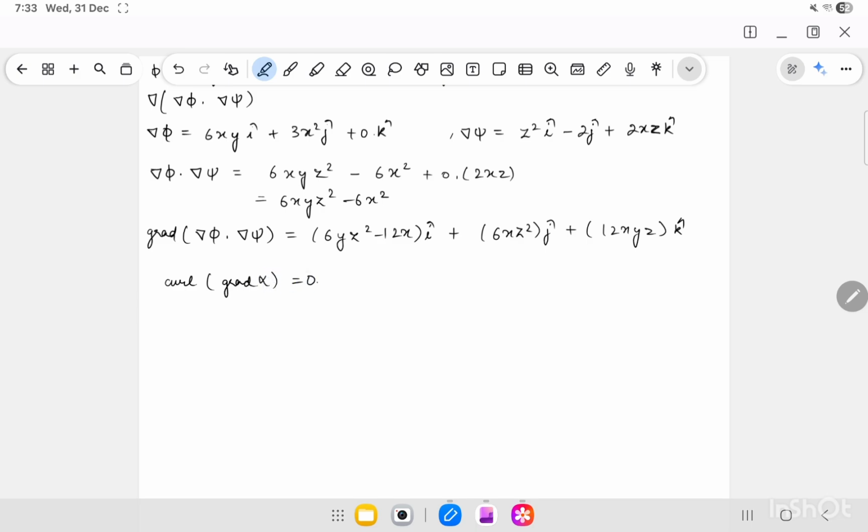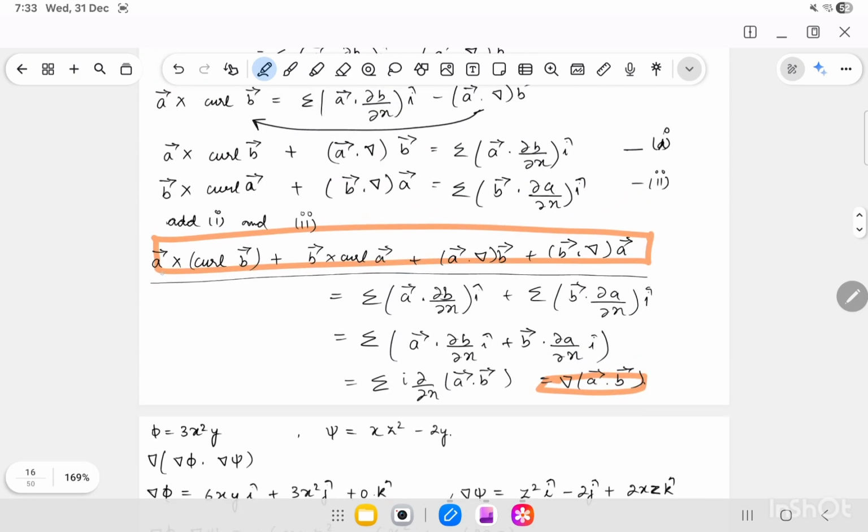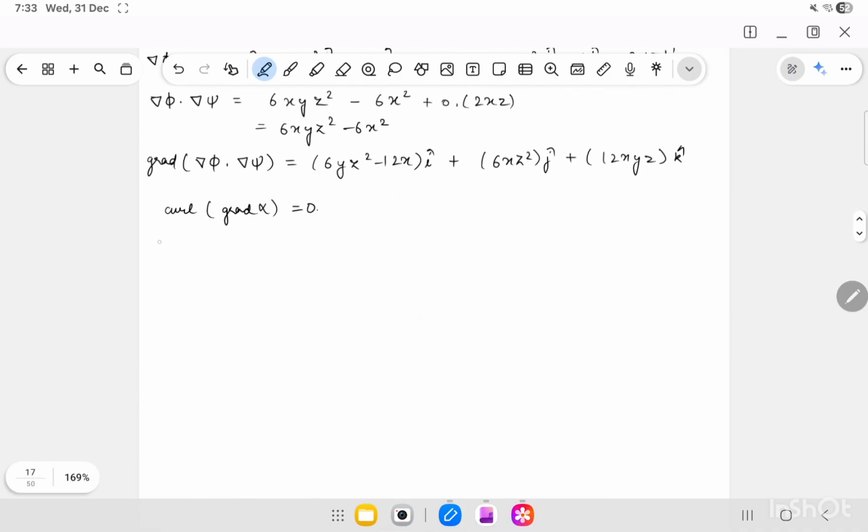So herein, if we evaluate these terms, that is a vector cross curl b vector, in the question for which we are verifying, a vector is gradient of phi and b vector is gradient of psi. So a vector cross curl b vector will be equal to gradient of phi cross product with curl of grad psi, so this will be equal to 0.